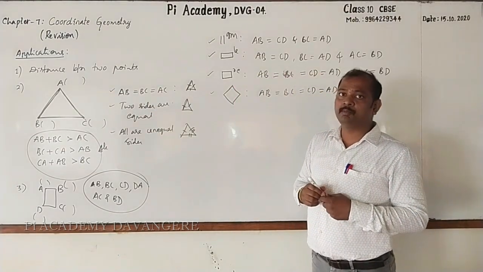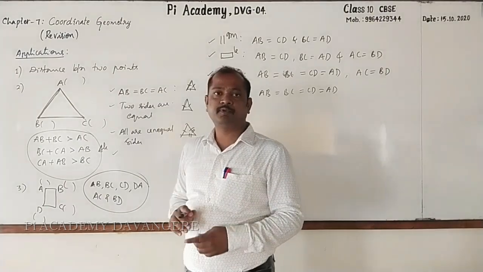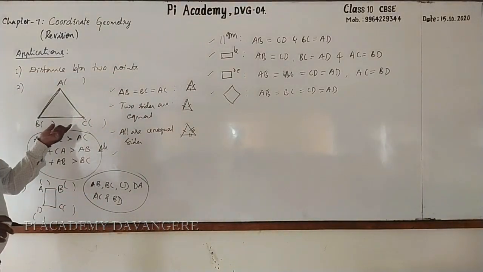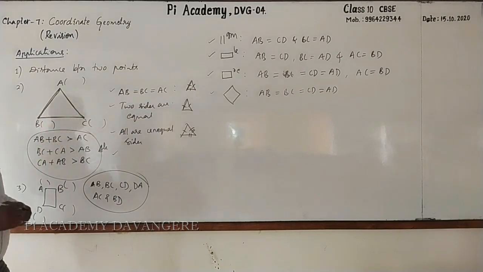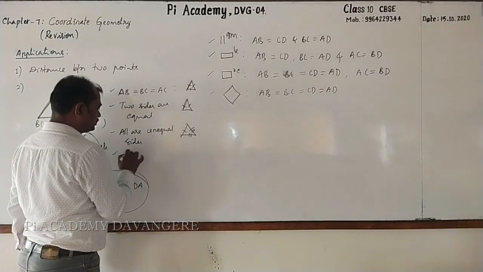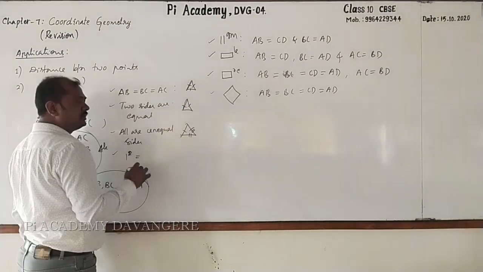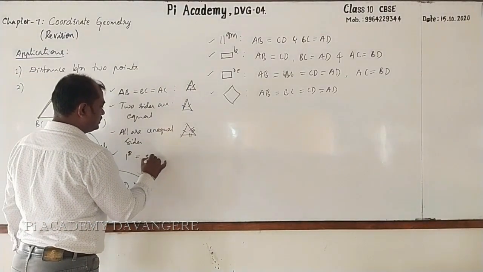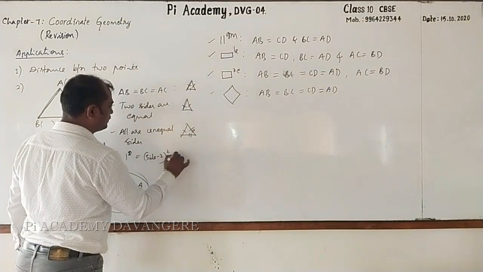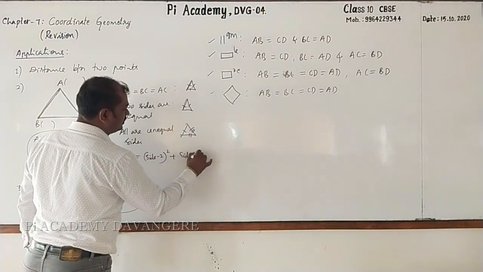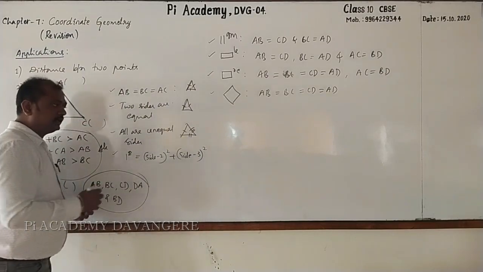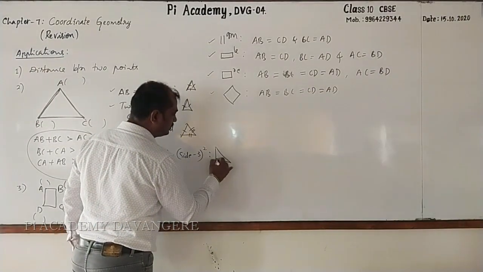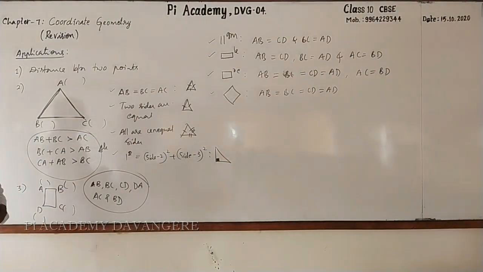Another important type of triangle is this: after finding AB, BC and AC, if the square of one side is equal to the sum of squares of the other two sides, side 2 whole square plus side 3 whole square, if this condition holds good, then you can say that it is a right angle triangle.